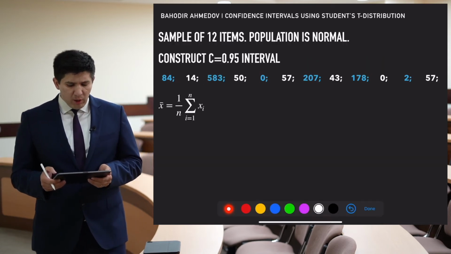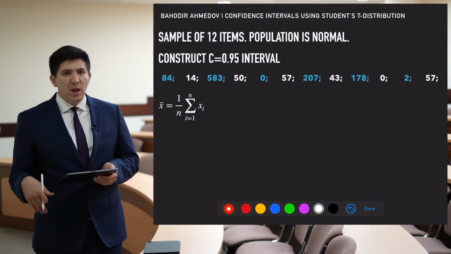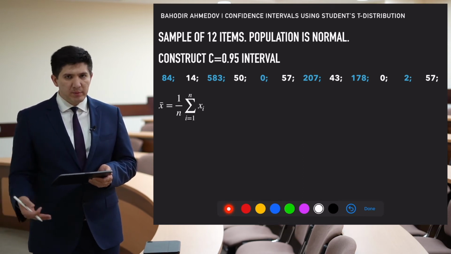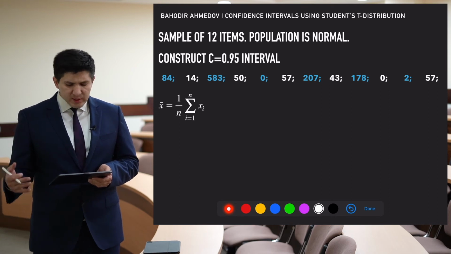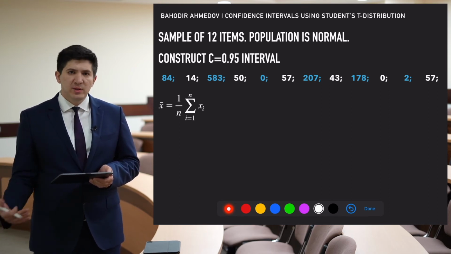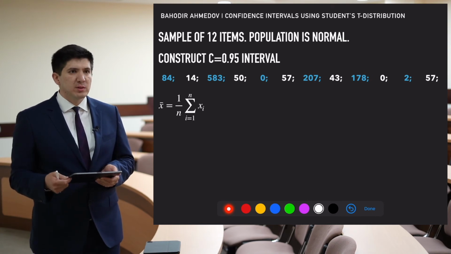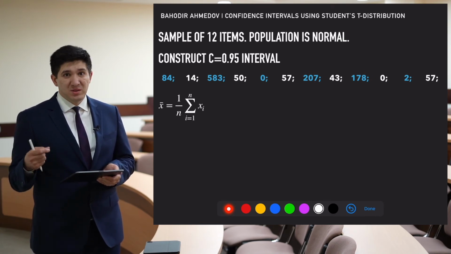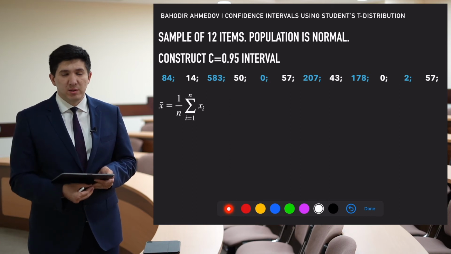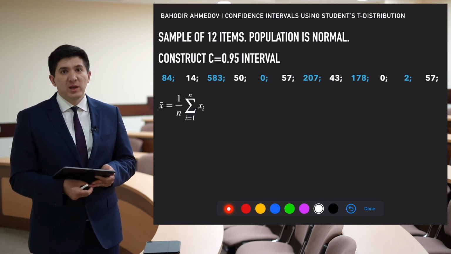Let's say you are given a population, and you would like to estimate the mean of the population. It's difficult to take a lot of measurements from the population. For example, sometimes it is difficult to measure some blood test, let's say for insulin.